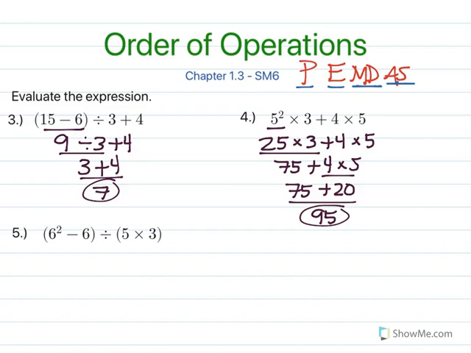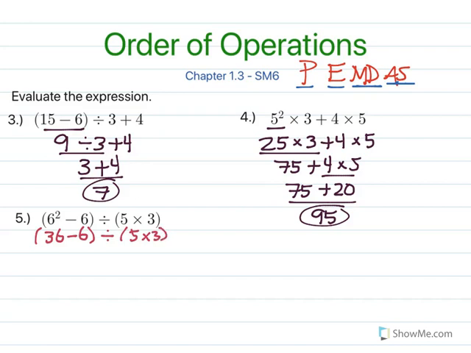Let's take a look at number 5. Do I have any parentheses? I do. In the parentheses, I have to follow the order of operations within the parentheses. So I have 6 squared minus 6. I'm going to do these left to right. 6 squared is 36. I have to do that before I subtract. So I'm going to have 36 minus 6, divided by 5 times 3.